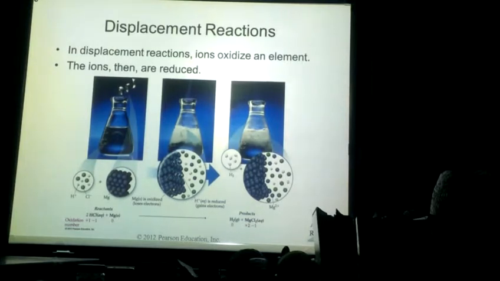That's usually what a displacement reaction will be. So we have a general form for a displacement reaction, and that would be A plus BX will yield AX plus B.